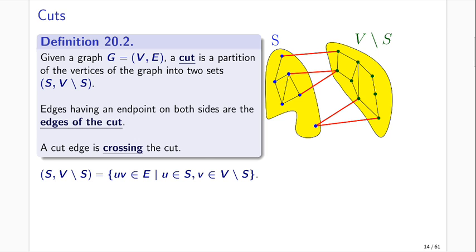We usually use this notation, S and V minus S, as the sets, and this concept just lists all the pairs u, v so that u is in S and v is in the complement. A cut edge is crossing the cut. It goes from one side of the cut to the other side.